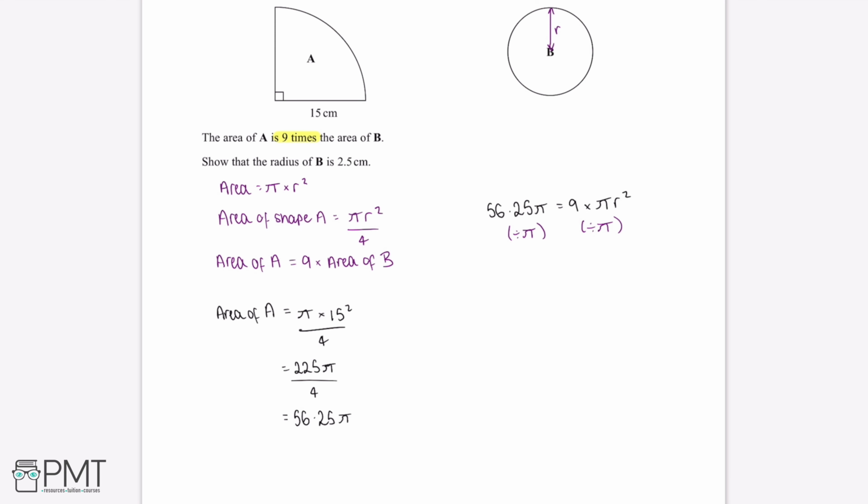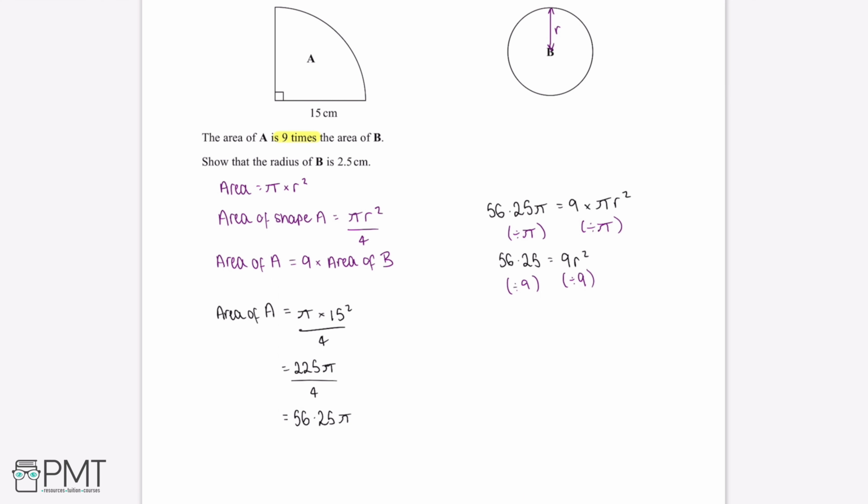So 56.25 pi divided by pi will give us 56.25. And then 9 multiplied by pi multiplied by r squared divided by pi will leave us with 9 multiplied by r squared. The next thing we can do is divide both sides of this equation by 9.